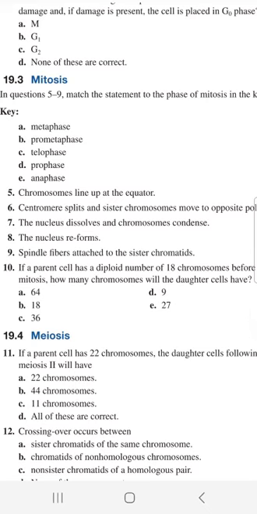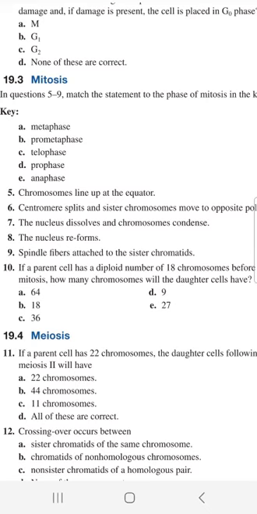The nucleus dissolves and chromosomes condense. They basically become thicker and visible. So this is during the prophase. The nucleus reforms at the end, so during the telophase.